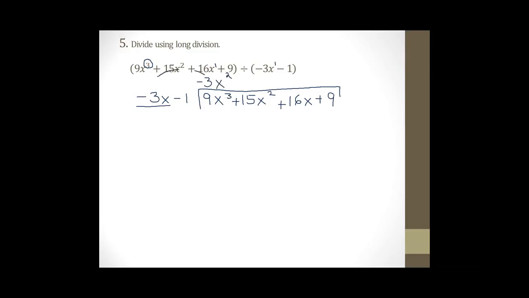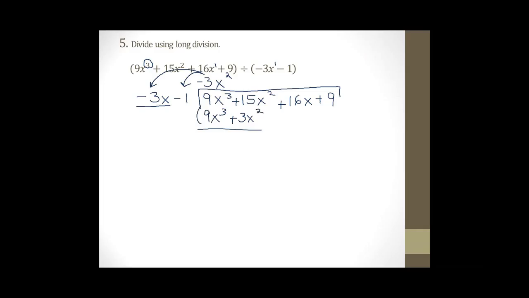So testing it, basically distributing it back in, negative 3x squared times negative 3x gives me 9x cubed. This first term always has to be the same. So it is, which means we found the right number, and now also distributing it to the second number. So negative 3x squared times negative 1 is positive 3x squared.